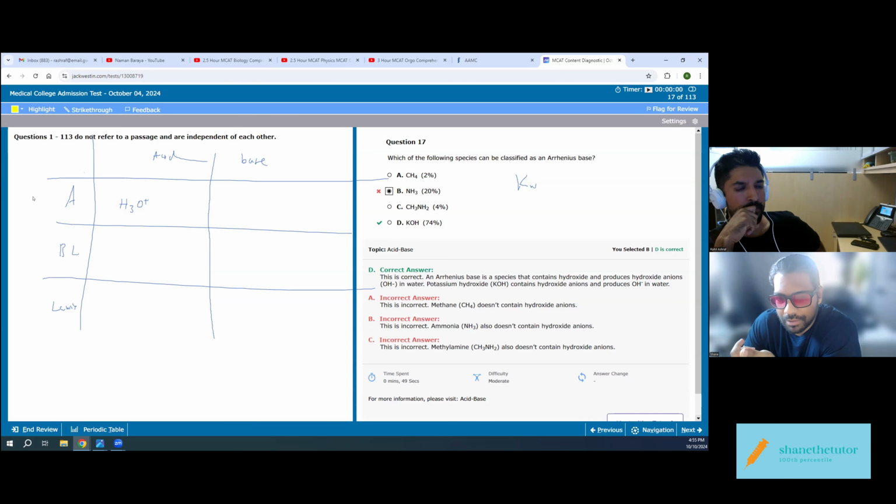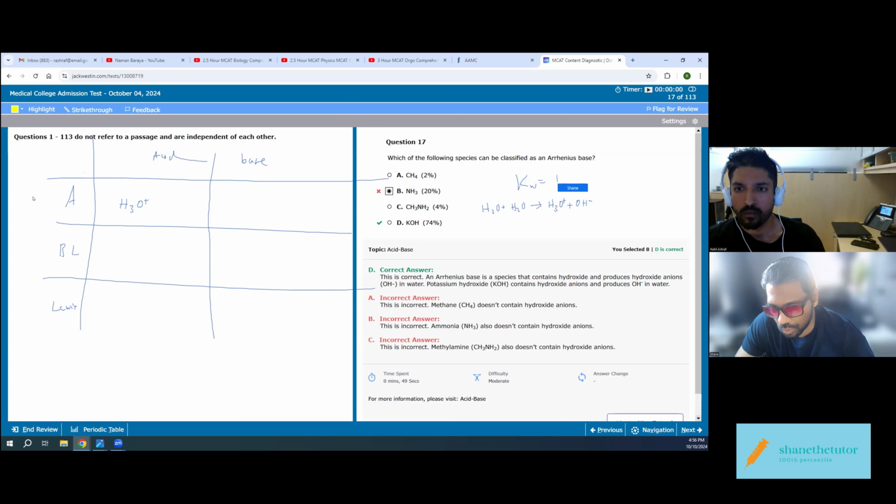It comes from the autoionization of water, where one of these water molecules will donate a proton, and the one that gets the donated proton will be hydronium, and the one that loses the proton would be the hydroxide ion. And so the Kw of the water is essentially the concentration of that, which is going to be 1e negative 14.